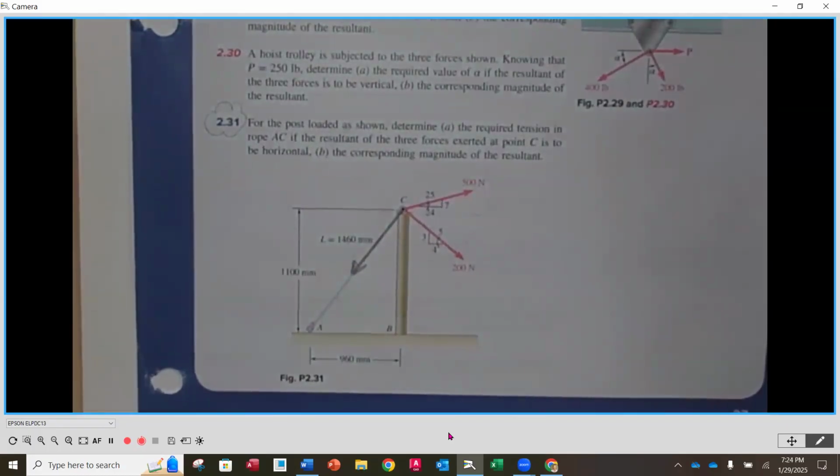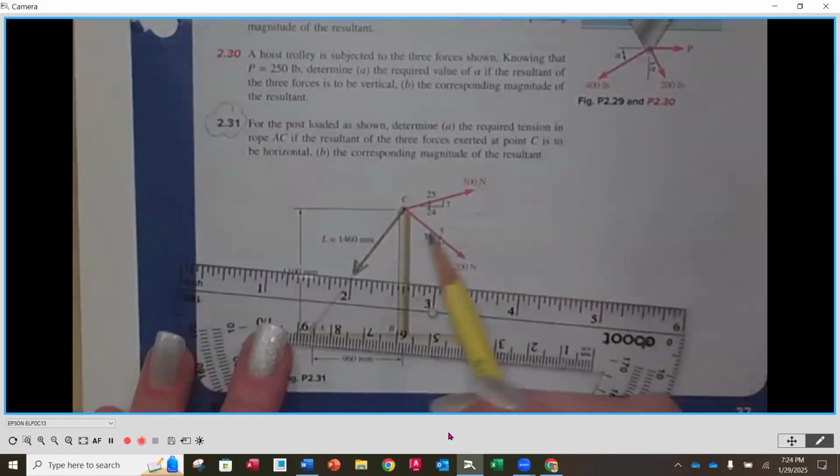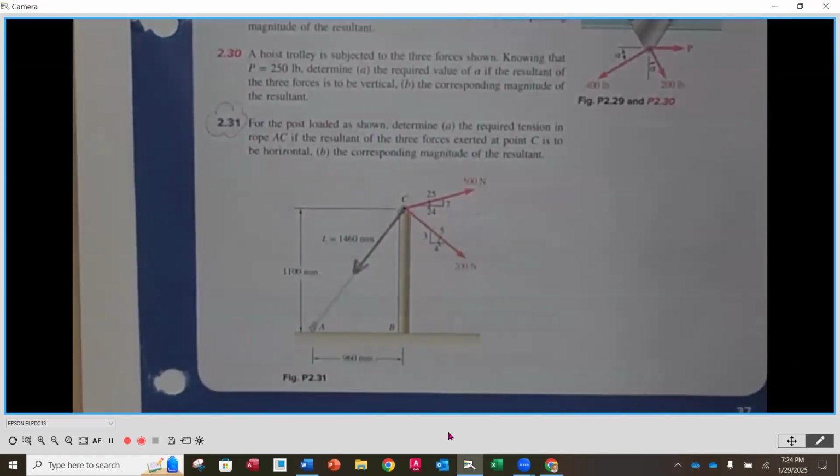All right. So notice here that they're giving you the slope of each one and they're giving you the height on the one on the left. So you're going to just find the resultant of the three that you have here. And it says that the resultant is going to be horizontal, right? Yeah. Going through point C. So your resultant force is going to be somewhere along there. Okay.